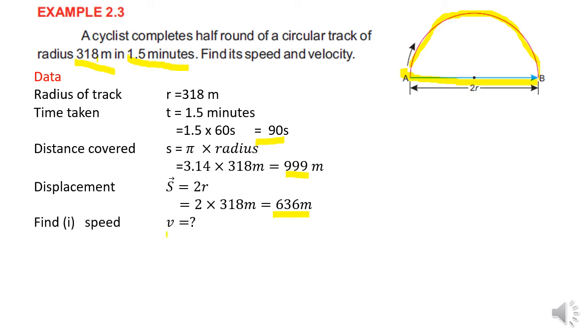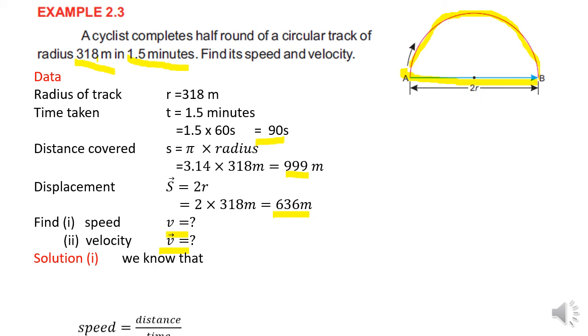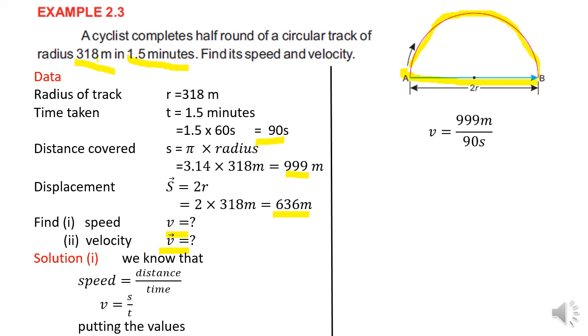We are asked to find the speed and velocity of the cyclist. We know that the speed is given as the distance divided by time, which is s divided by t, and by putting the values in the expression, it will be 999 meter divided by 90 seconds. So the speed of the cyclist is 11.1 meter per second.